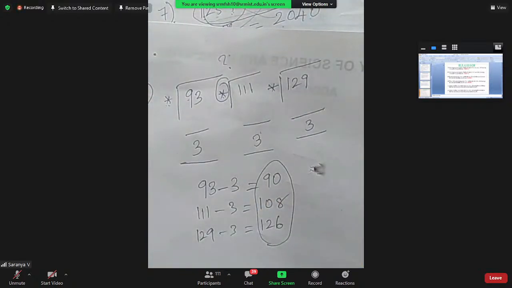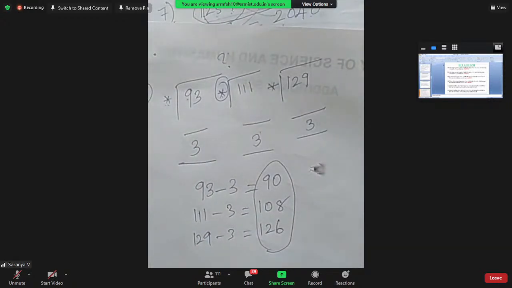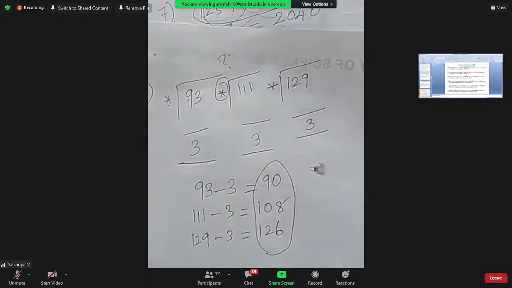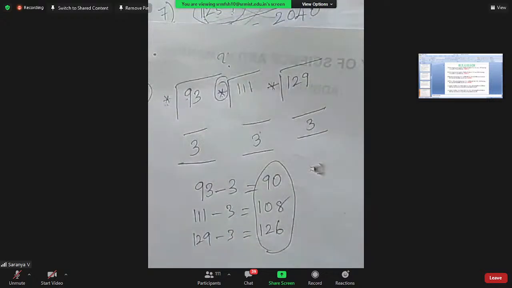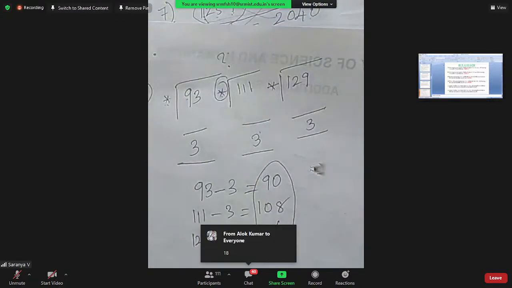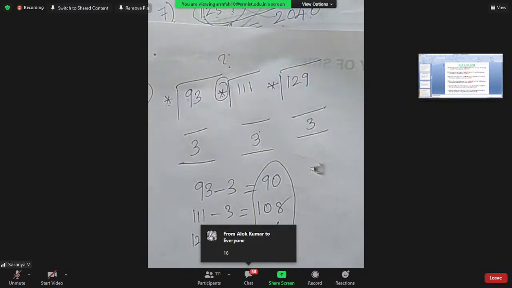Can you find and post your answers? For these kinds of HCF and LCM sums, you cannot use the calculator. Take a note or a paper, write and post your answers. I think you understand the concept.